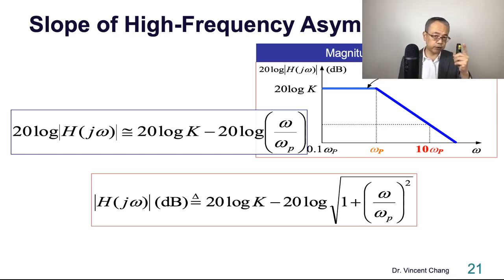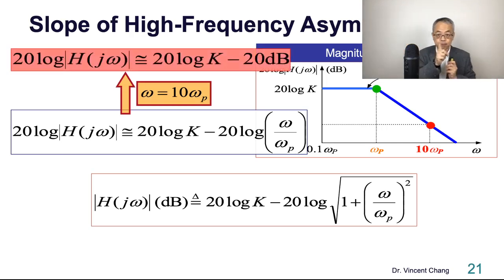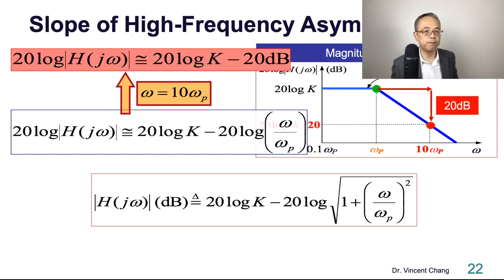If you increase the frequency by a decade, 10 times, then what? Then log 10 equals 1, right? Because the base is 10, and then 20 decibel. Are you with me? Can you follow me? All right? So omega equals 10 omega p, log 10 equals 1, which means when you increase 10 times, it goes down 20 decibel.